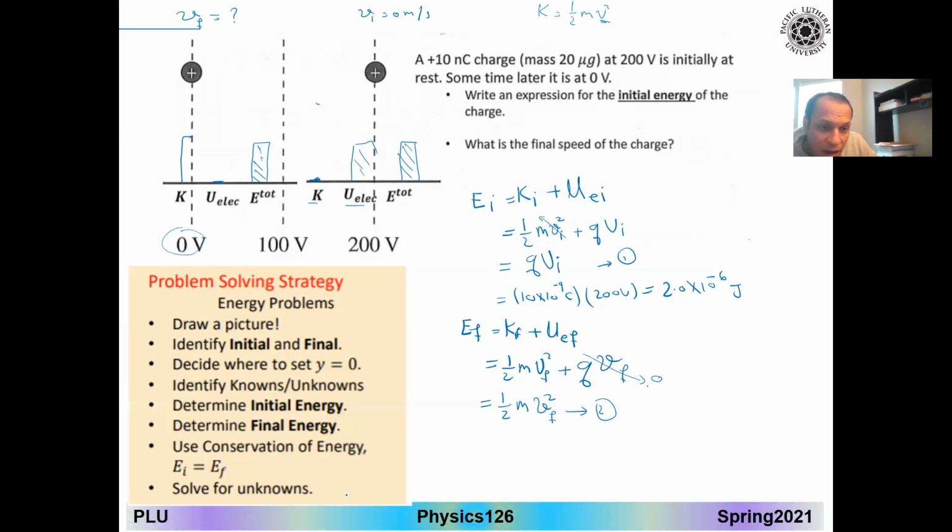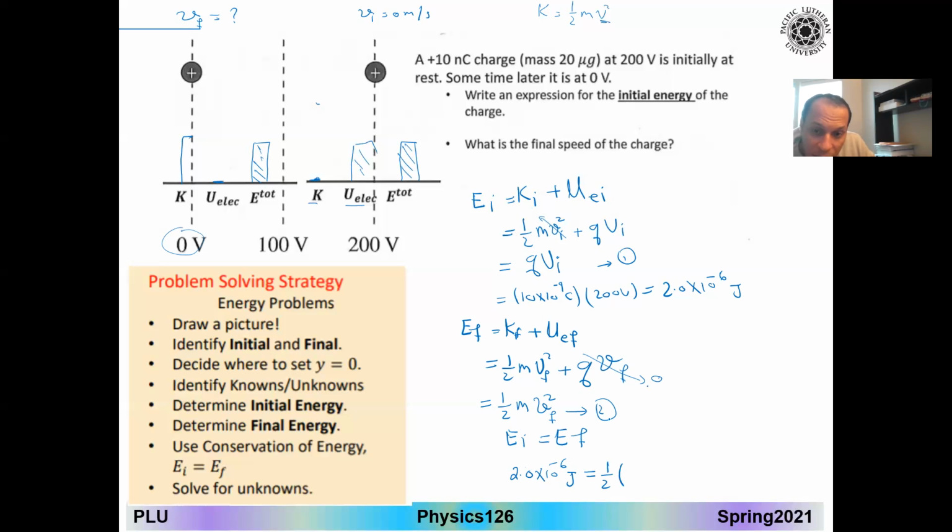And now the last part, we need to apply the conservation of energy, which leads to E initial equal to E final. From here, E initial we found to be 2.0 times 10 to the minus 6 joule, equal to a half multiplied by m.